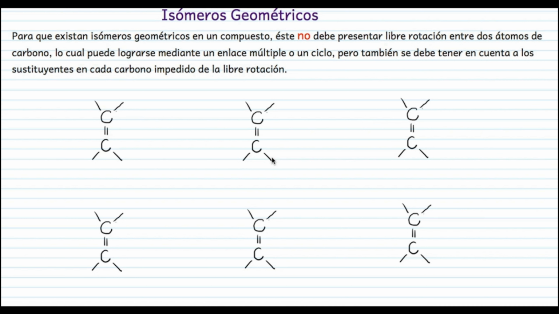In the case of spatial isomerism or stereoisomerism, there are two types: geometric isomerism, which is what we are going to discuss in today's video, and optical isomerism, which will be in the next video.